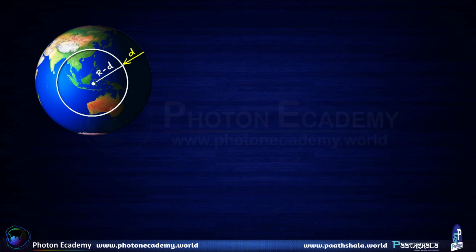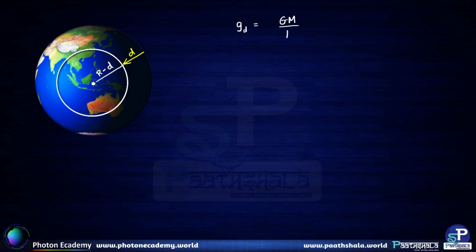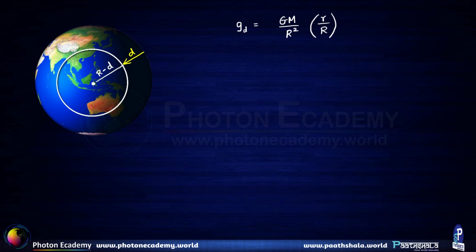So let us understand what is the expression for acceleration due to gravity at this point. We know that acceleration due to gravity inside a sphere is equal to GM upon R square into r upon R, where small r is the distance from the center of the sphere. So small r happens to be this particular distance. So in this case, small r is capital R minus d.